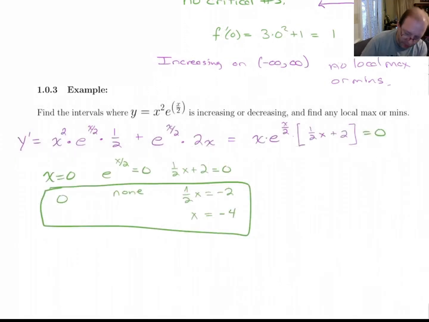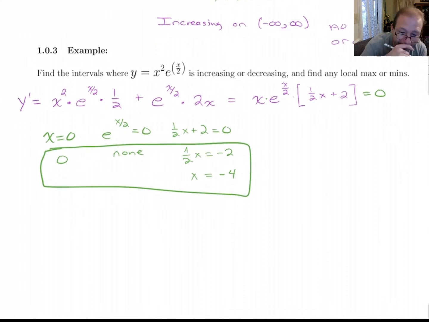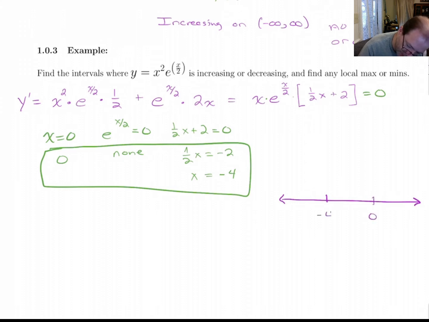The graph kind of gives it to us, but I want to do the chart. Chart says, let's see, draw this. I'm going to do it in purple. So let's see, we've got to cut it up at 0 and at -4. When you put your numbers on the real number line, be sure to get them in the correct order.